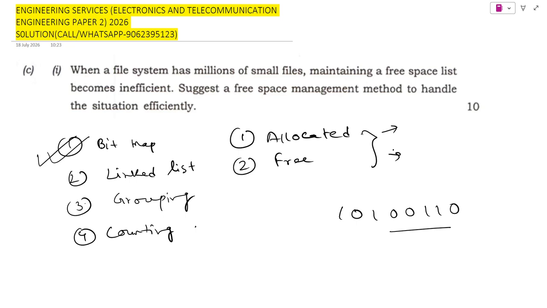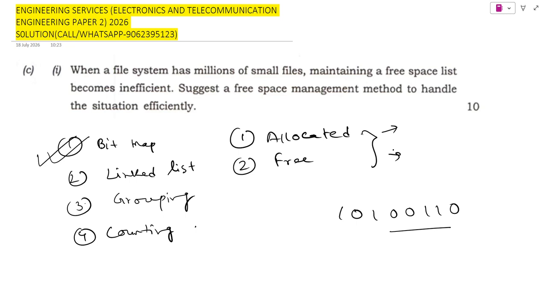When a file system contains millions of small files, maintaining a linked free space list becomes inefficient because the list becomes very long and scattered, and searching for the free blocks requires sequential traversal, increasing the allocation time and overhead. A more efficient free space management technique is the bitmap, that is the bit vector method.